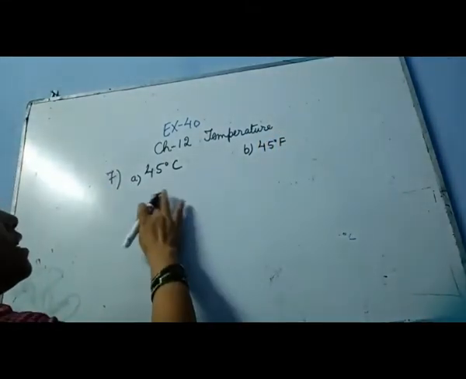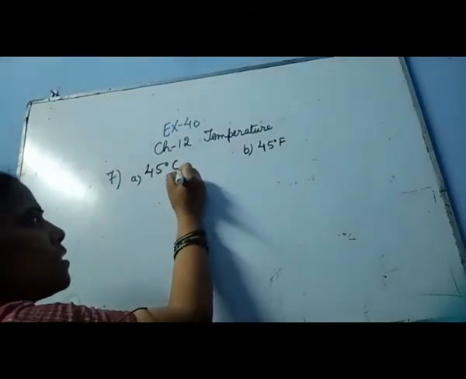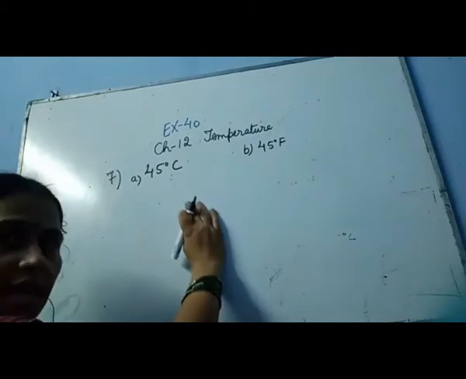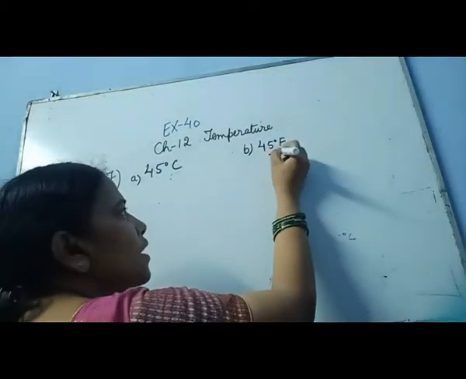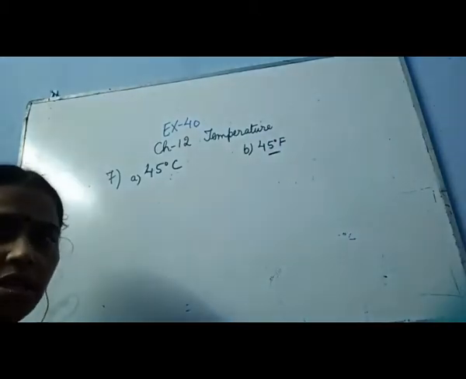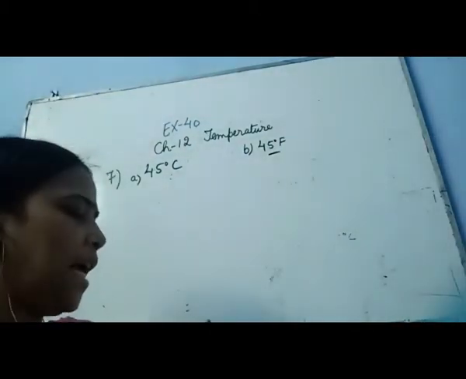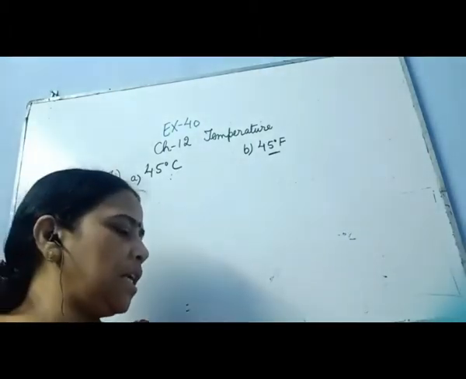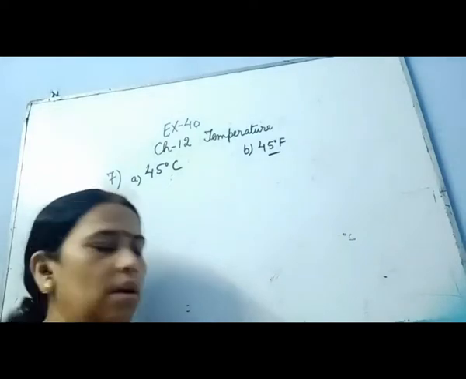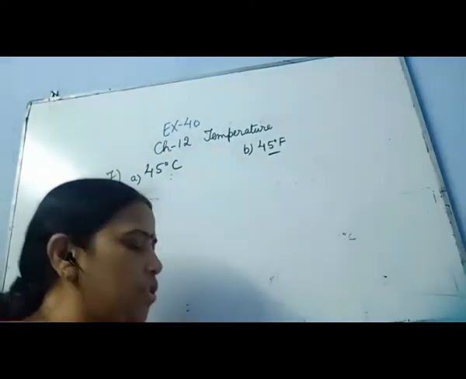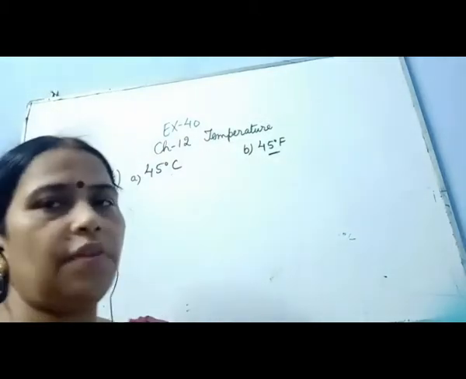Now in the question it is asked which one is hotter: the object having 45 degrees Celsius, or the object which has 45 degree Fahrenheit. You have to give the answer in Fahrenheit, because in the question it is asked which one is hotter and by how many degree Fahrenheit.